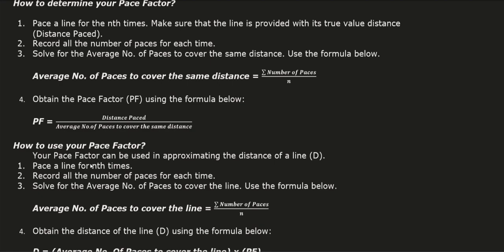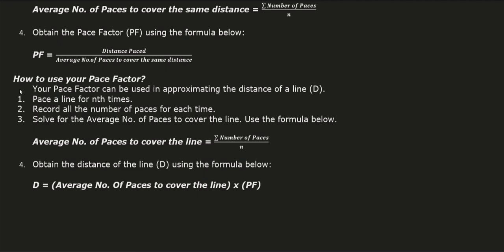What is the use of the phase factor? The phase factor is used in approximating the distance of a line. The procedure is the same as above: phase the line, record, and solve the average number of phases. After that, you get the distance of the line using the formula below.